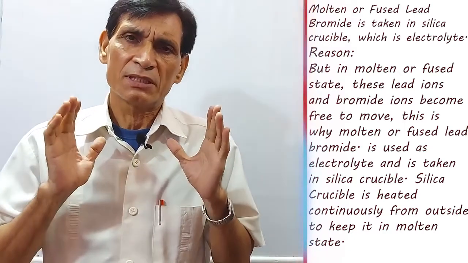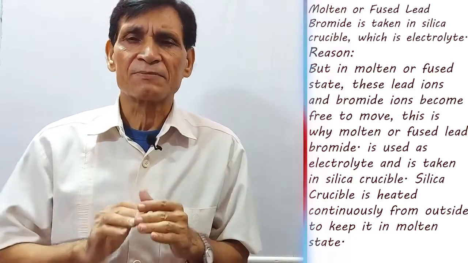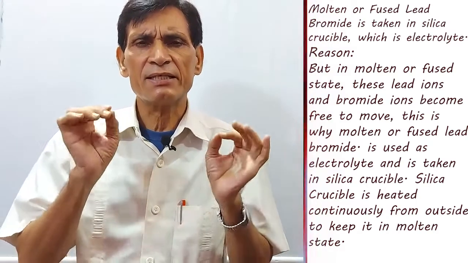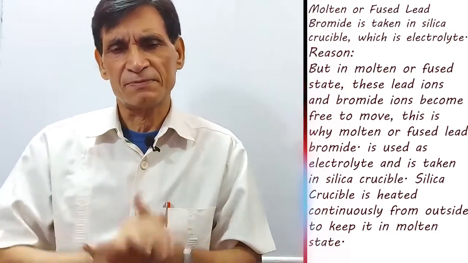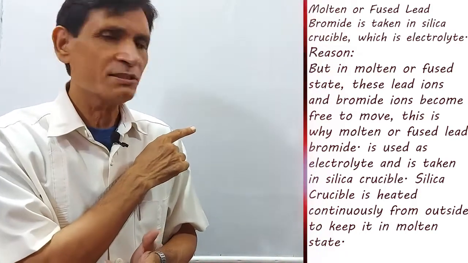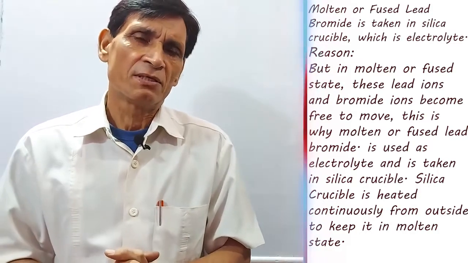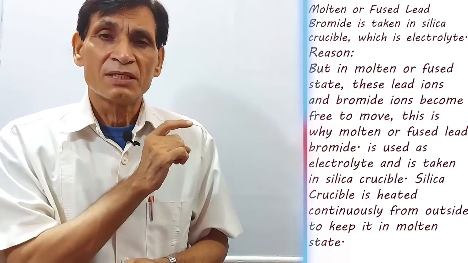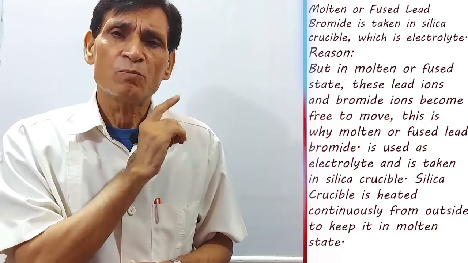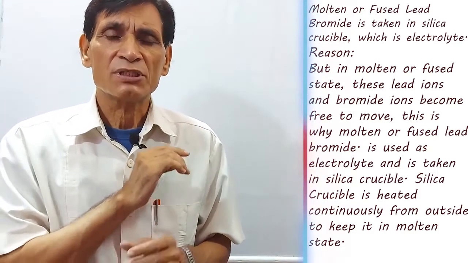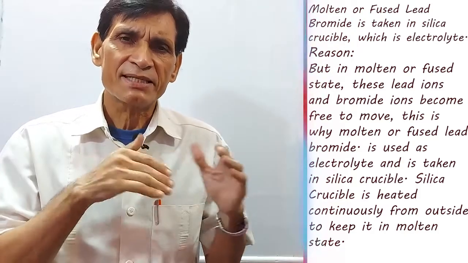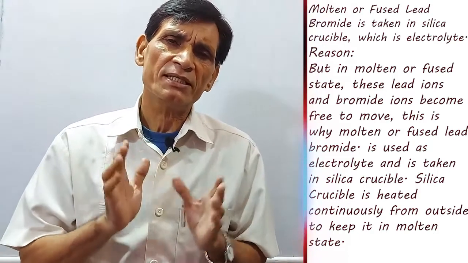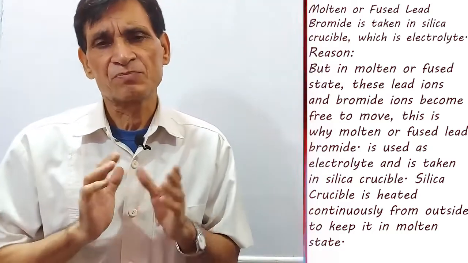To keep it in molten state, the silica crucible is heated continuously from outside. Why is it heated externally continuously? To keep this lead bromide in molten state, because molten lead bromide has a tendency to solidify.